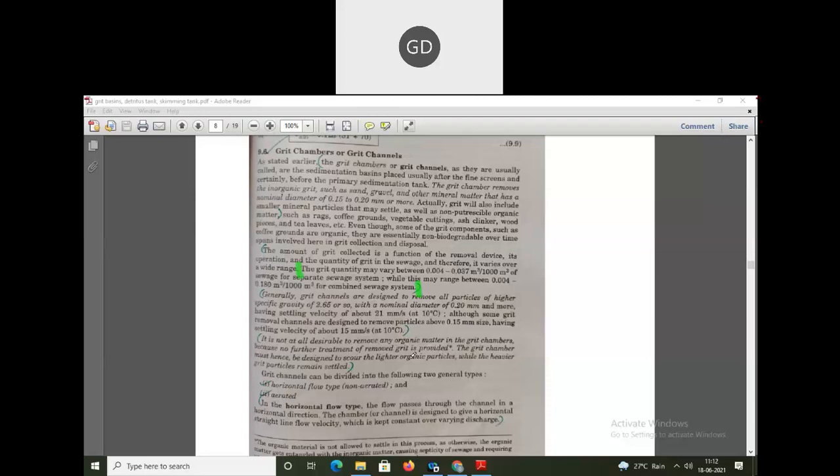In the horizontal flow type of grit channel, the flow passes in a horizontal direction through the channel. So in the horizontal flow type, the main thing is that the flow is happening in a horizontal direction through the channel.